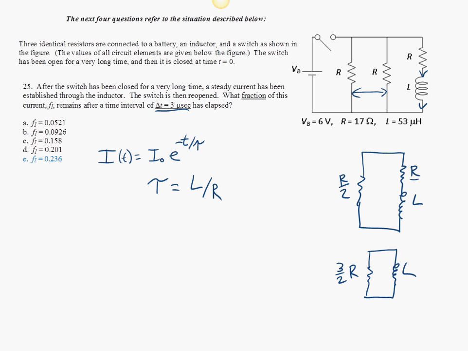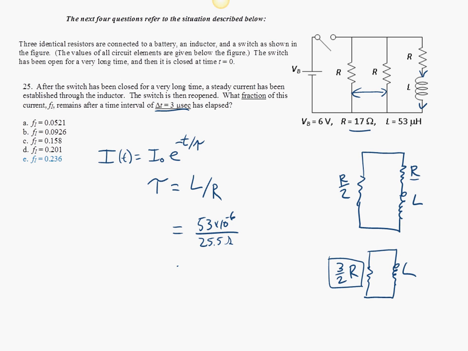So here, what we'll use, our inductance will be 53 microhenries, 10 to the minus 6, and our resistance is this equivalent resistance of 3/2 R. So we'll take our 17 ohms and multiply it by 1.5, and we get 25.5 ohms here.